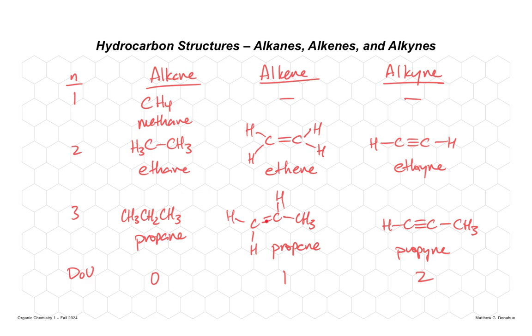So in the alkene here, you have this double bond. The double bond consists of a sigma bond plus a pi bond. Then in propyne, you have a sigma bond plus 2 pi bonds. So a degree of unsaturation when you're looking at a structure visually is either a pi bond or a ring.